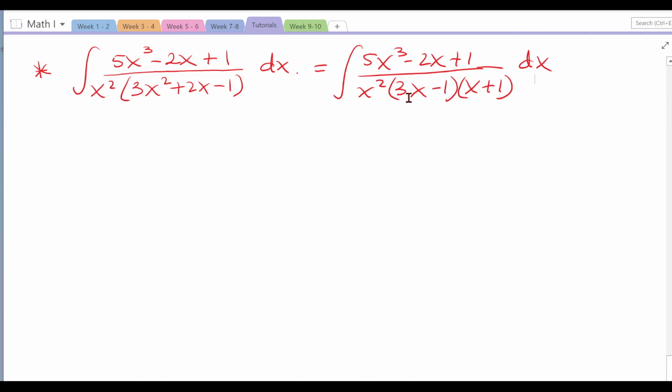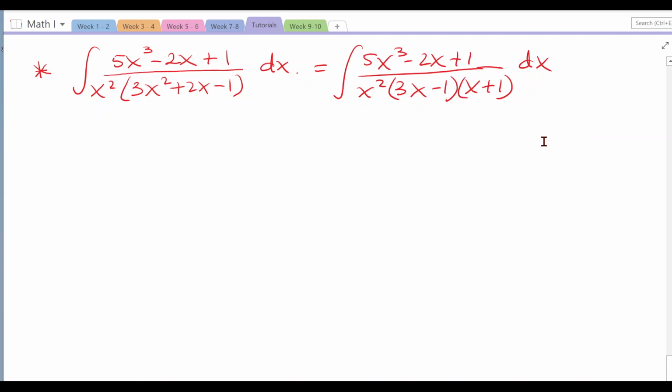You can check here: 3x times x is 3x squared, then minus x plus 3x becomes positive 2x, and then minus 1 multiplied by 1 is negative 1. So now this is our problem, which we can then split into partial fractions.